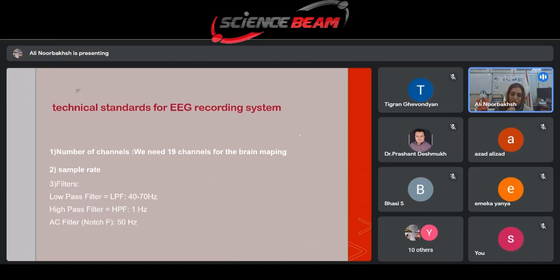But the frequency band for EEG is between 1 hertz to approximately 50 hertz. We can remove just 50 hertz, because it's related to power line noise.